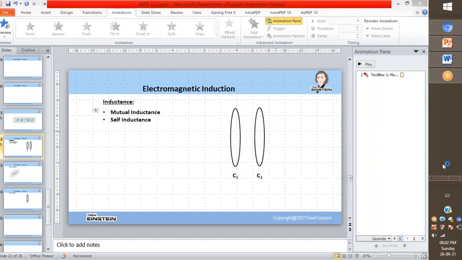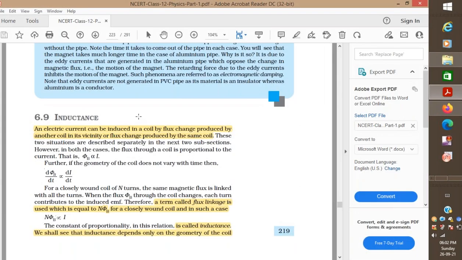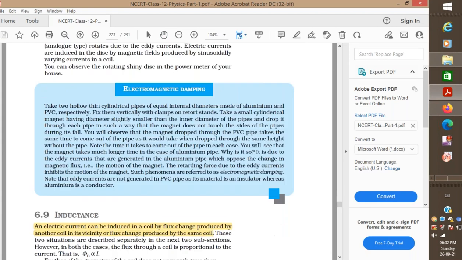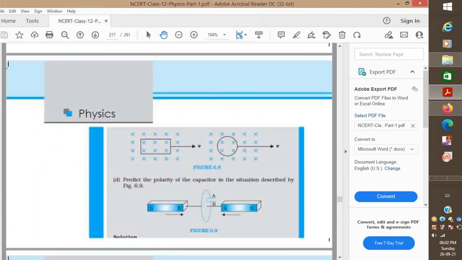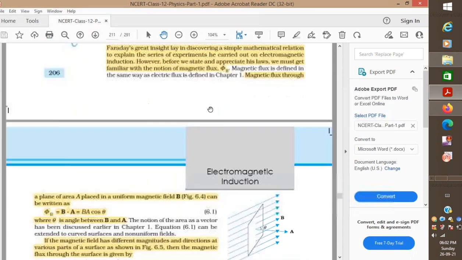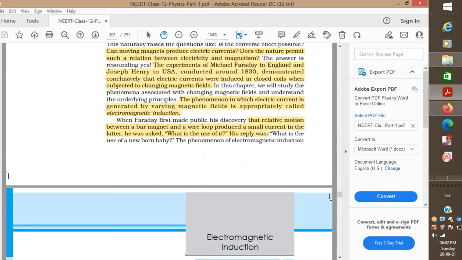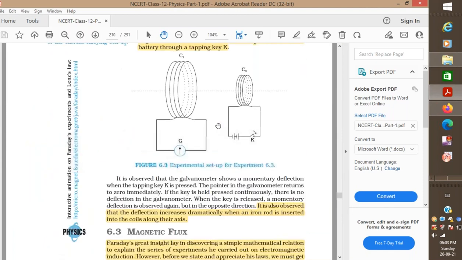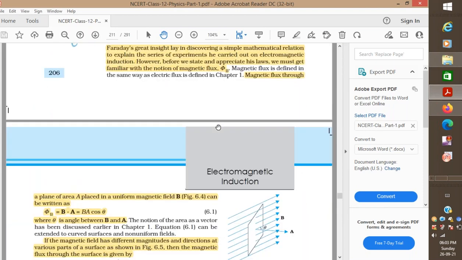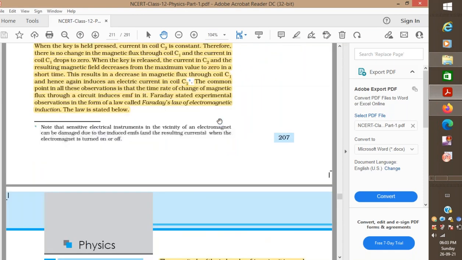Okay, so we had started induction and we had already learned a few things, like the experiments Joseph Henry and Michael Faraday performed to actually know about induction.